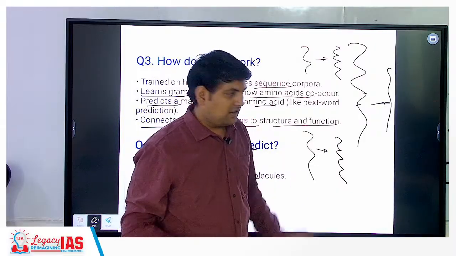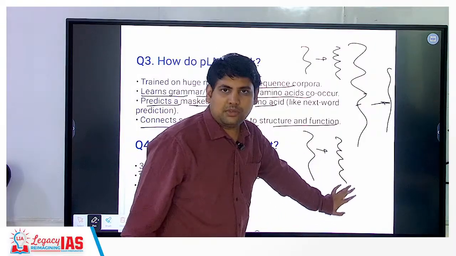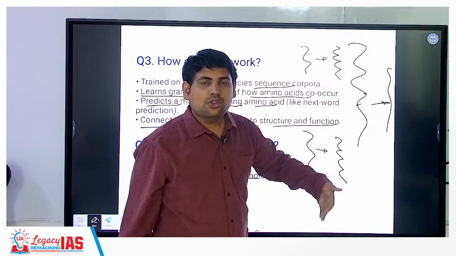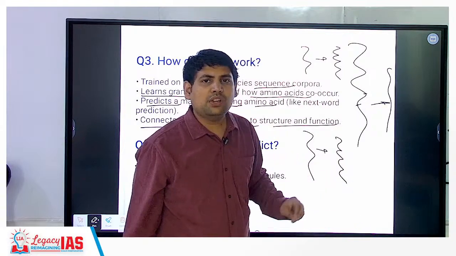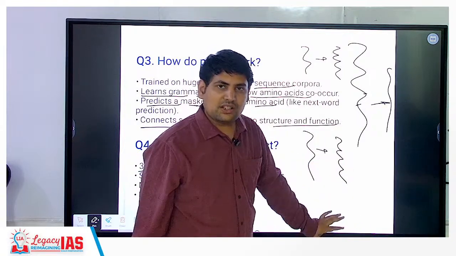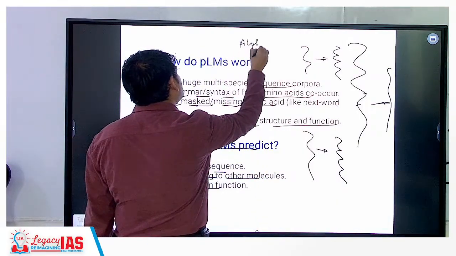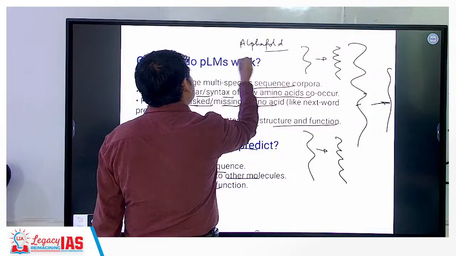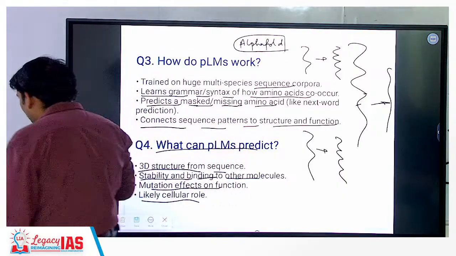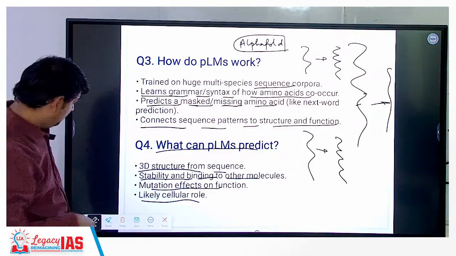All this right now is mostly experimental. Eventually we will be able to use most of it. Right now we are doing the basic work. Now some results have started showing with AlphaFold and all. So AlphaFold, you can remember, is the most advanced protein LLM model we have.